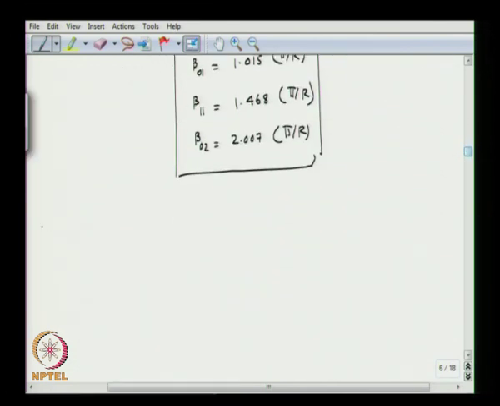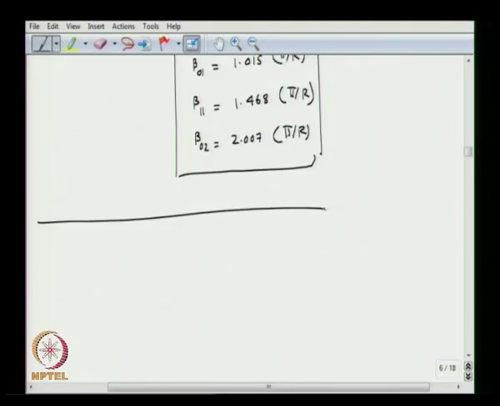Now, let us look at the pump parameters. The important parameters for the pump will be the pressure head, the flow rate, and the power consumed by the pump, and also the energy efficiency of the pump.